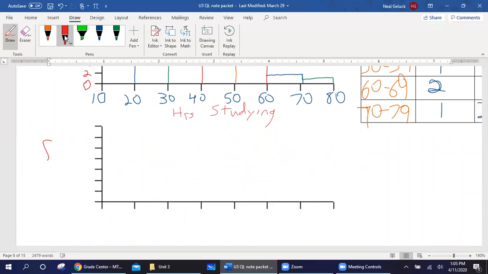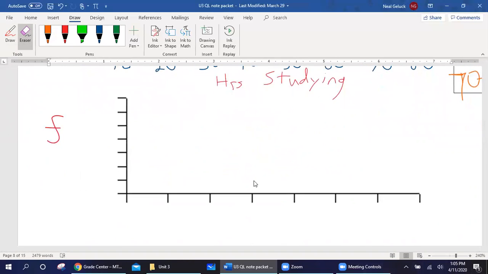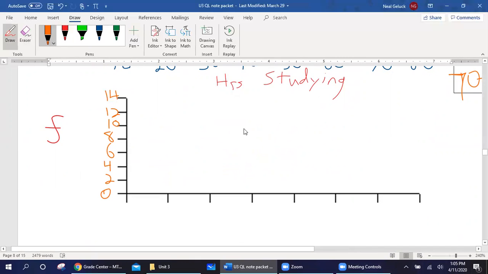So on the vertical, I'm still going to go with 0, 2, 4, 6, 8, 10, 12, 14. But for the horizontal axis now, the frequency polygon uses the midpoints of each class.